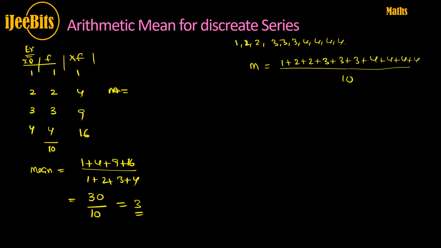That's why n and sigma f are the same. So this also gives the same answer. Either you can calculate the sum of observations by the number of observations, or you can tabulate in a discrete series format, and you will get the same answer. These are different ways to solve the problems. Are you clear? So sigma f is nothing but your n, the number of observations.